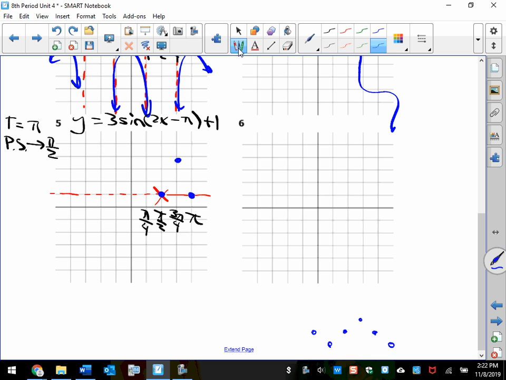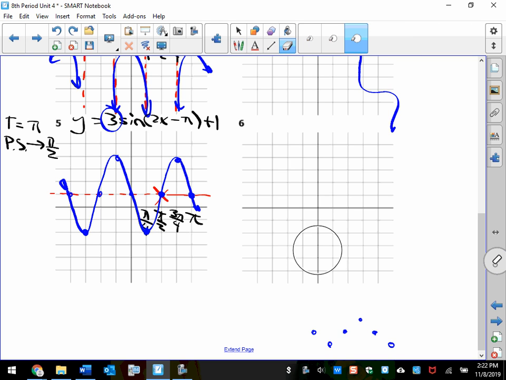What I forgot was the amplitude is 3. So these points, instead of going up 1, should be going up 3 and down 3. Okay, that looks better. Good. I think that looks good.